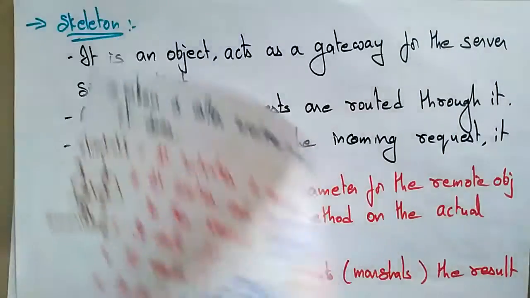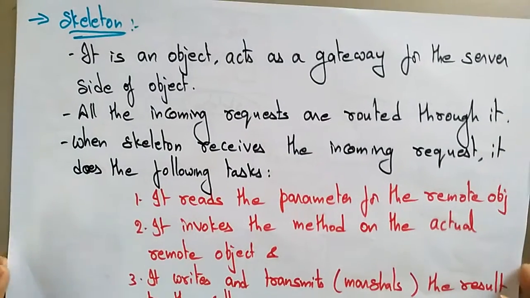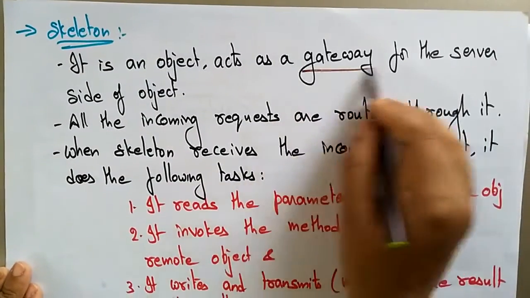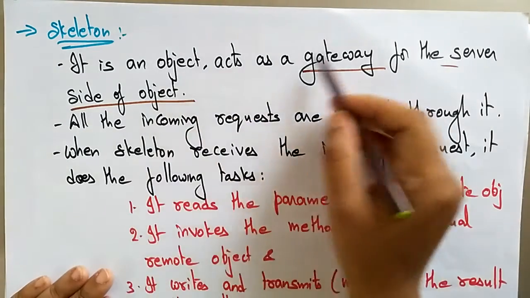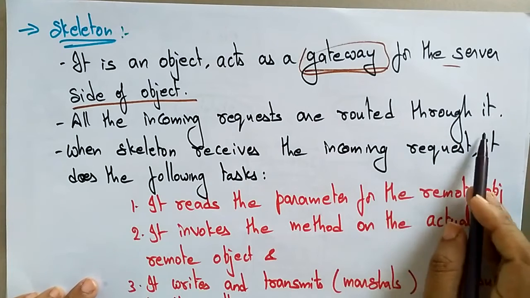Now let's see what the skeleton will do. The skeleton is present at the server side. It is also an object, and acts as a gateway for the server side objects. So for the client side objects, the stub acts as a gateway, and for the server side objects, the skeleton acts as a gateway. All the incoming requests are routed through it.